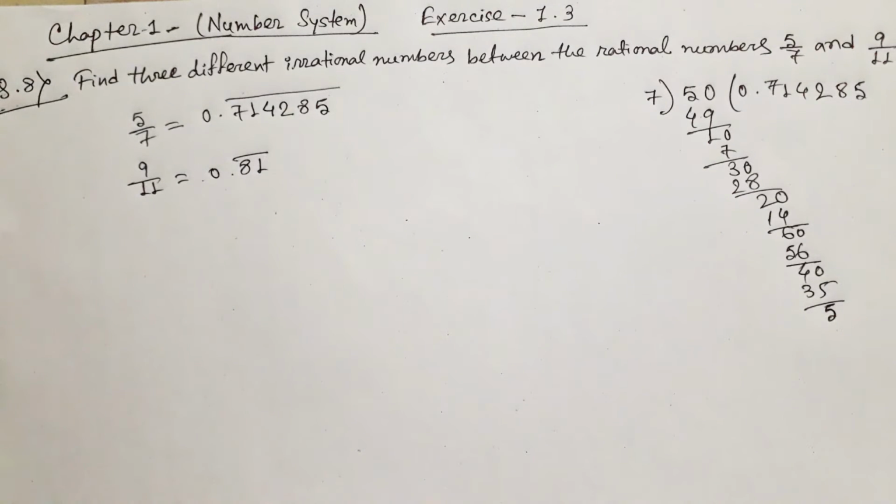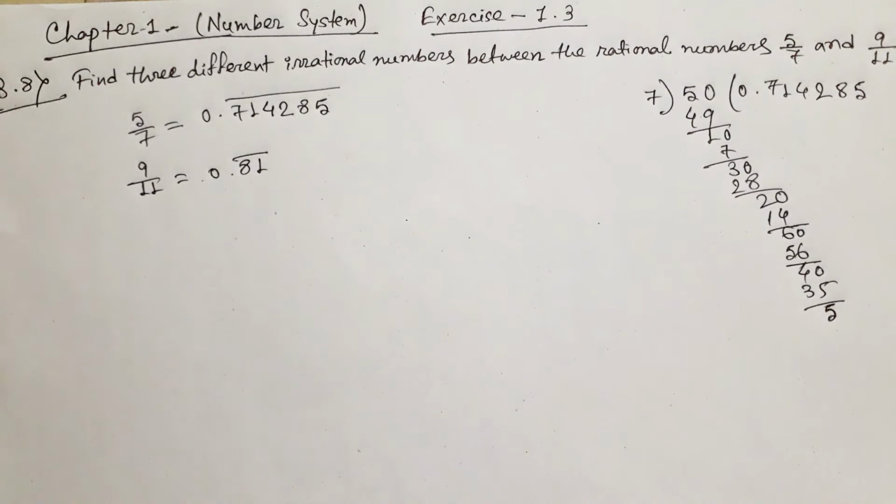Now the question is to find three different irrational numbers, but we know that there are infinitely many irrational numbers between two rational numbers, so we can write any three of them.